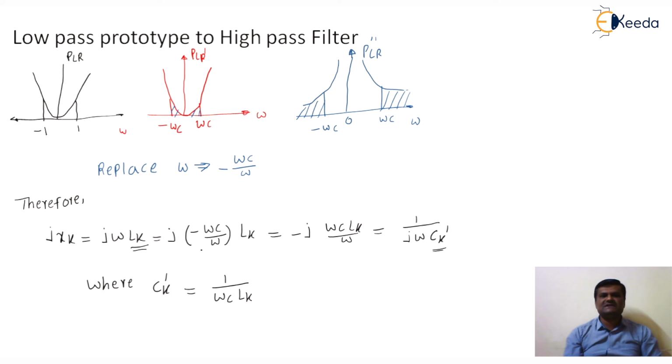Simple to represent here. Same part, we write the shunt susceptance jBk equal to j omega Ck. Omega is replaced by minus omega c by omega.